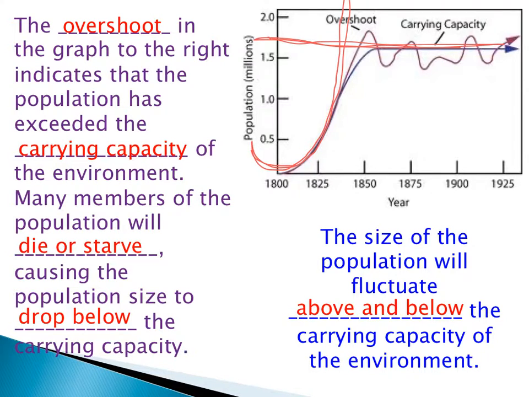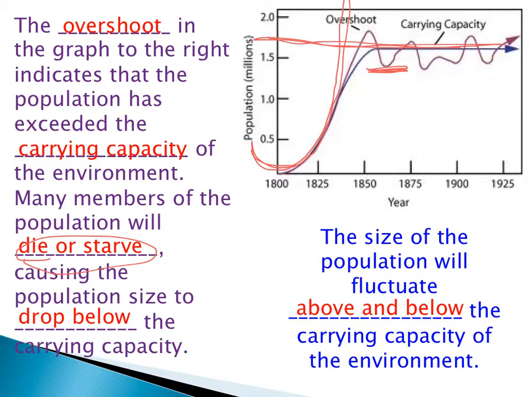In other words, when they hit that carrying capacity where there are limitations of food supply, perhaps there's an abundance of predators, perhaps disease or other things come into play, members of that population will either die or starve to death, which causes the population to drop below the carrying capacity.